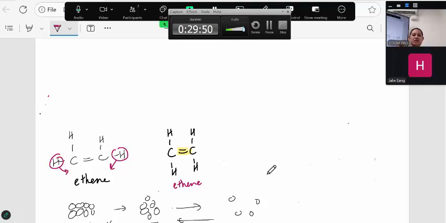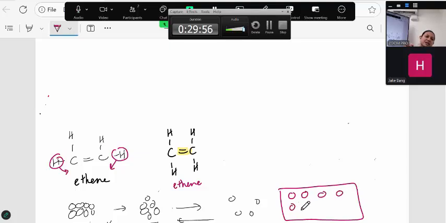So what happens is I take ethene gas and compress it under high pressure and a catalyst. These ethene will join together, a few thousand ethene, until it becomes one big giant piece of plastic.